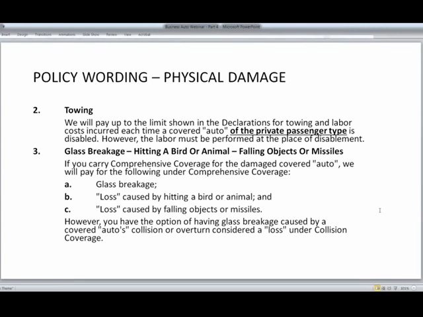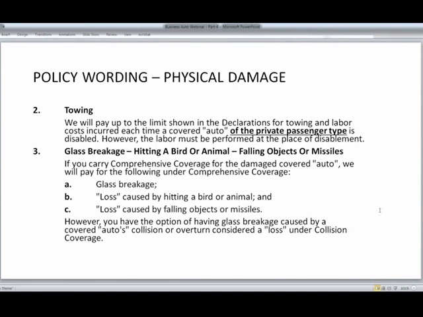However, you have the option to have glass breakage caused by a covered auto collision or overturn considered a loss under collision coverage. Here is the difference in this coverage. The question is whether the reason it would not be covered under comprehensive is that you did not carry comprehensive. If you did not carry comprehensive, it would still be a collision.